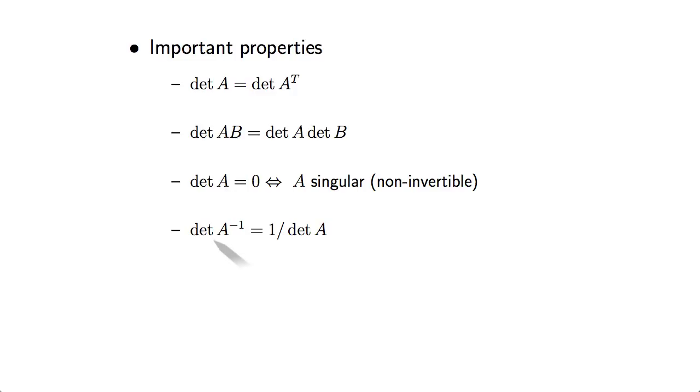And finally, the determinant of the inverse of a matrix is just equal to 1 over the determinant of A. This also reinforces the idea that if the determinant of A is 0, then A really can't have an inverse because the determinant of the inverse would have to be infinite.